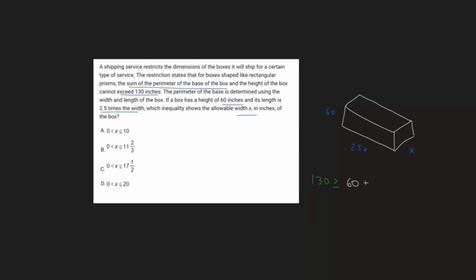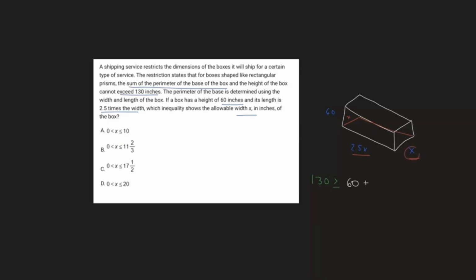So the perimeter of the base of the box is just that base, that one side, right? So that one side, we're going to have that length and that width. However, there's that other side. I'm trying to make the drawing. So this is a three-dimensional object. So you have two widths in reality, right? So you have a width on this side right here, and you have a width on the other side. And the same thing with the length, right?